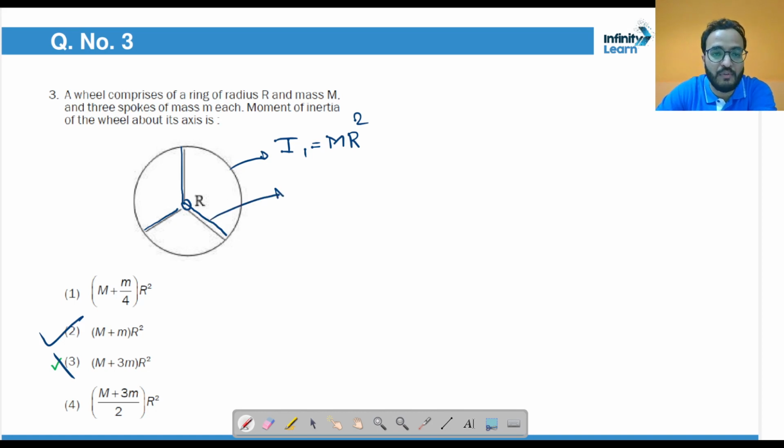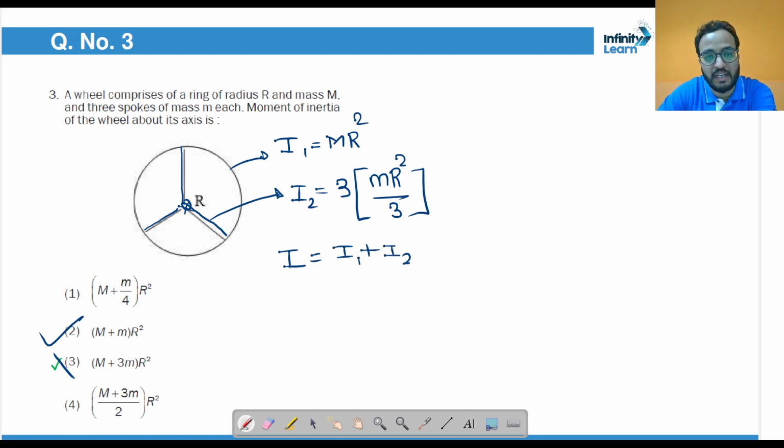So I2 of all these rods will be 3 times the moment of inertia of a single rod, mr square by 3 about this end. Mr square by 3 and into 3 because there are 3 rods. So overall moment of inertia will become I1 plus I2, that is capital MR square plus small mr square.